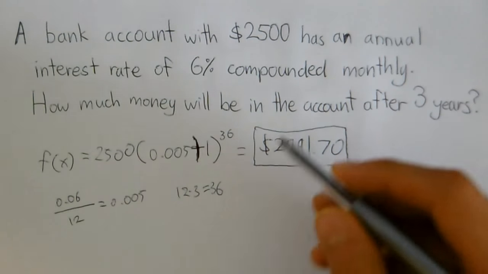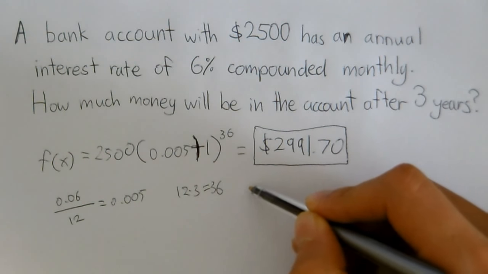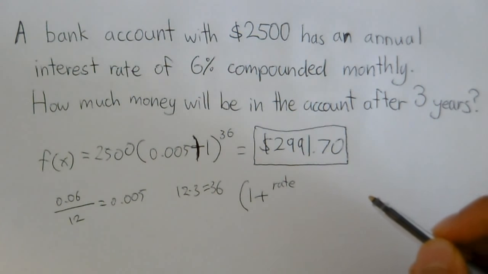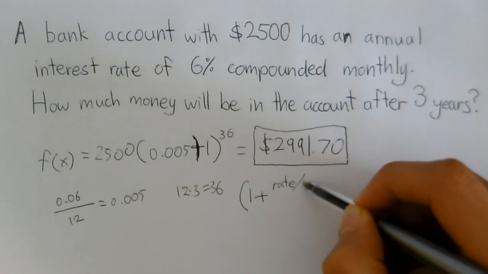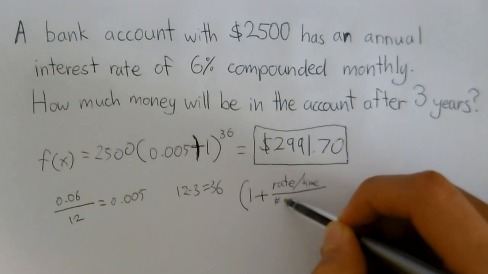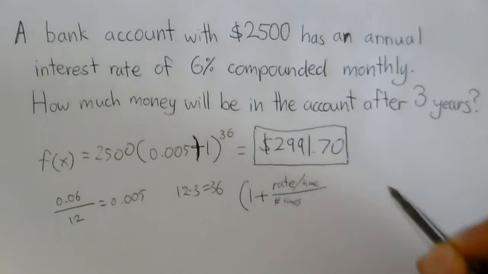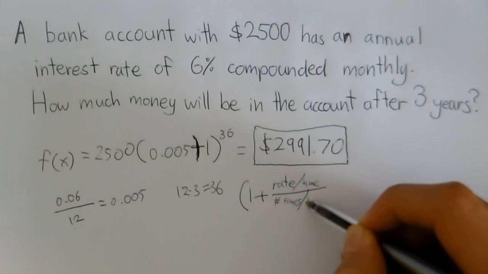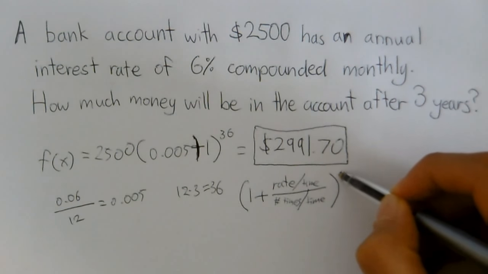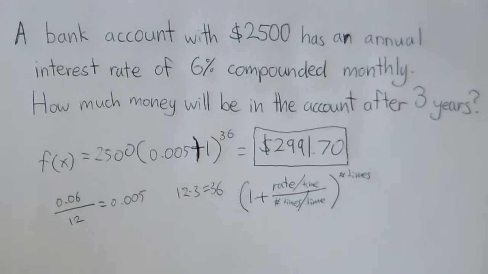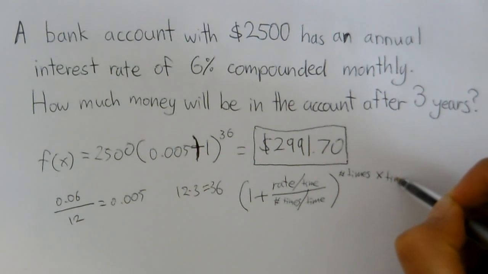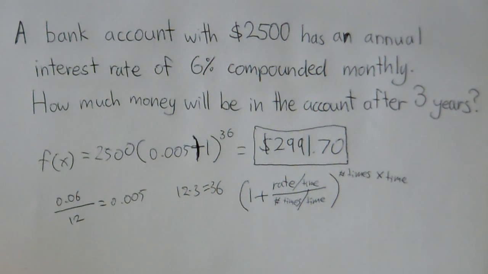If we write the b, or the interest rate part of the equation, we get 1 plus the rate of increase of percentage in a certain time interval, and we divide that by the number of times that the interest is calculated during that time interval, and we raise that to the number of times it is calculated in a certain time interval times the length of time that it is applied.